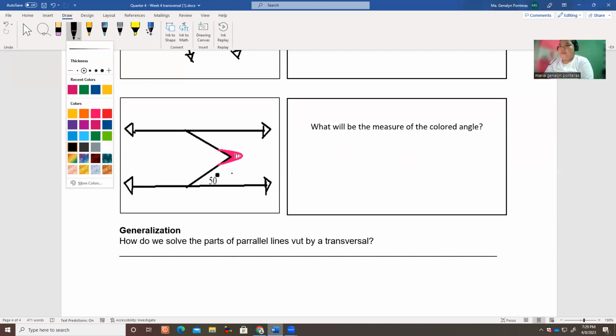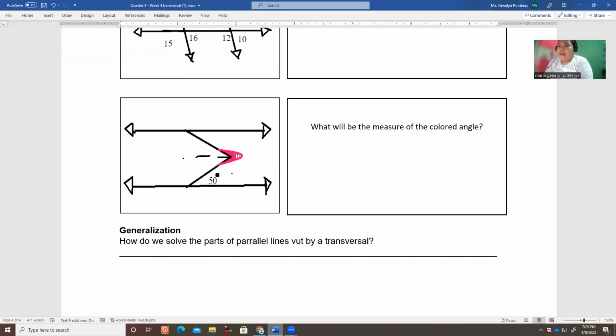You're going to make a broken parallel line here. As you can see, you have a pair of parallel lines, one at a time. If we extend, somehow this is a transversal.